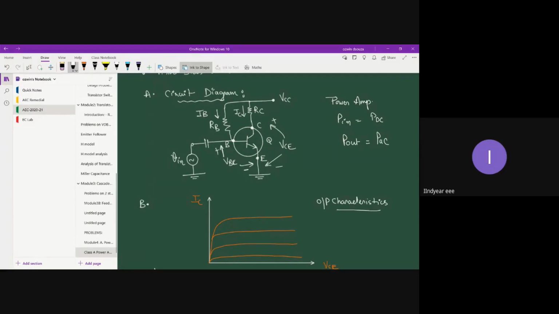So even in the absence of AC signal at the base terminal, the transistor constantly draws power from the power supply voltage. So in case of power amplifier, the power input is always PDC. Remember this. This is very, very important. And the reason I have already told you.